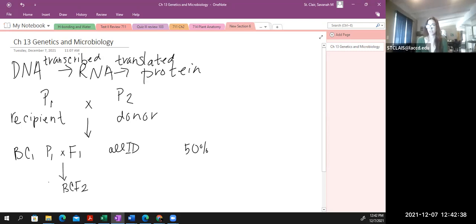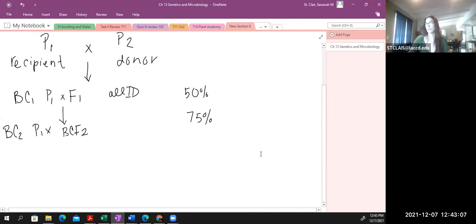Okay, and if we cross our P1 and our F1 together, then we're going to have 75% of the genetic information coming from our recipient parent, which was P1. Remember, P1 had all the traits that we like, but it didn't have the disease resistance. Okay, so for our BC2, or our second back cross, then we're going to cross our P1 again with our BCF2. Okay, and here we're not going to see that all of the individuals are identical.